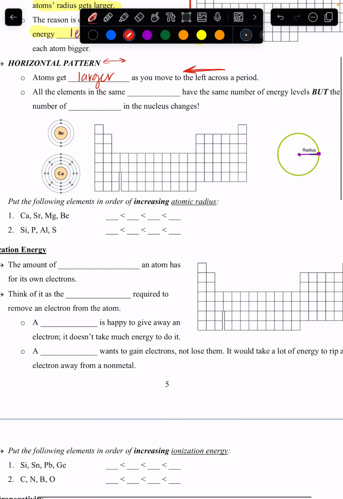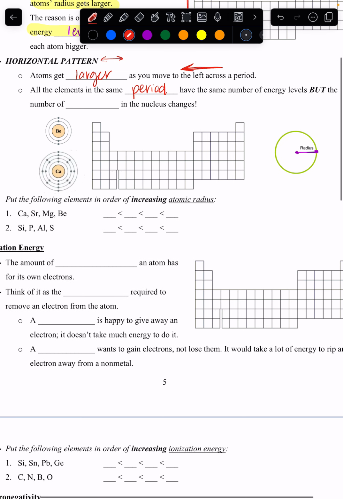All the elements in the same period, which is my row, have the same number of energy levels, but the number of protons in the nucleus will change. So the more positive protons I have, the closer it's going to hold those electrons in. So as I move towards my halogens and my noble gases, I'm really pulling in those outer valence electrons. It's holding them closer so that they don't leave.